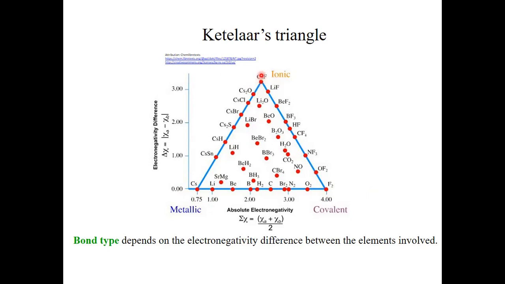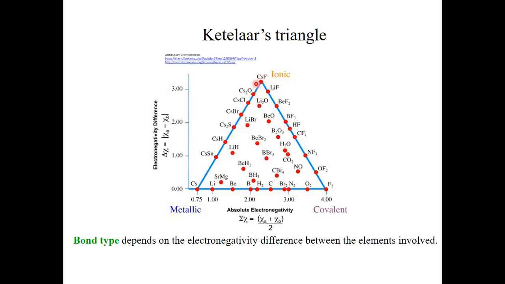But you see that for the great majority of compounds, we have influences from all three bonding situations. Which one dominates depends on the exact position of our compound in Ketelaar's triangle.